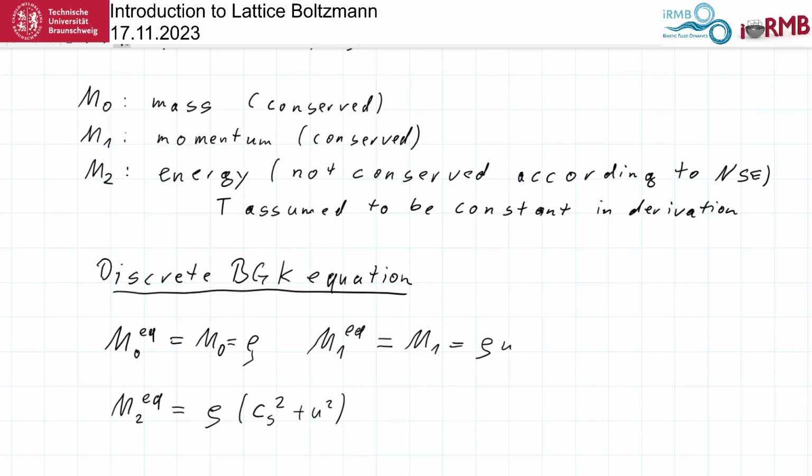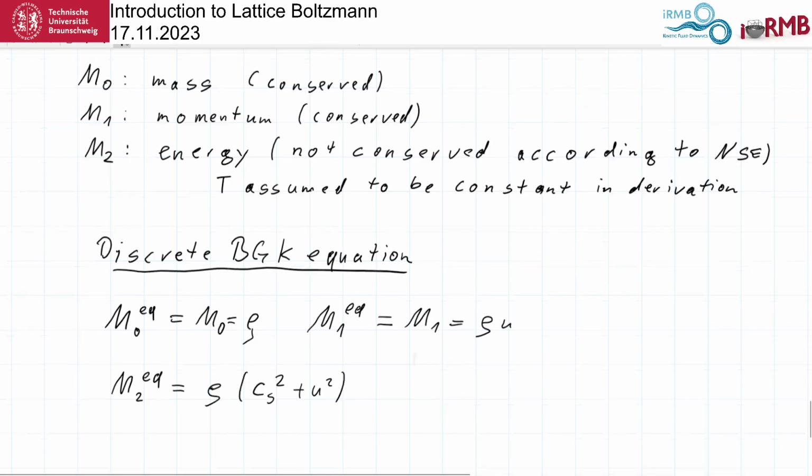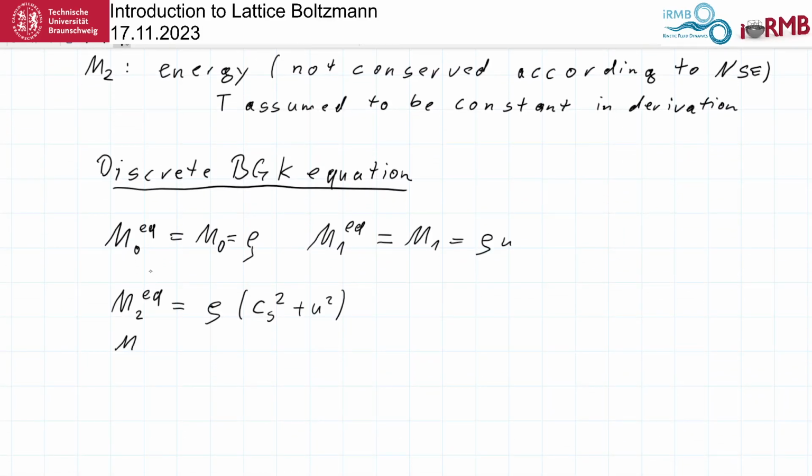This comes from the Boltzmann distribution. And if we go on and look at the equilibrium for the third order moment, this is something we also derived last time. It was 3 u rho (cs squared plus u squared).